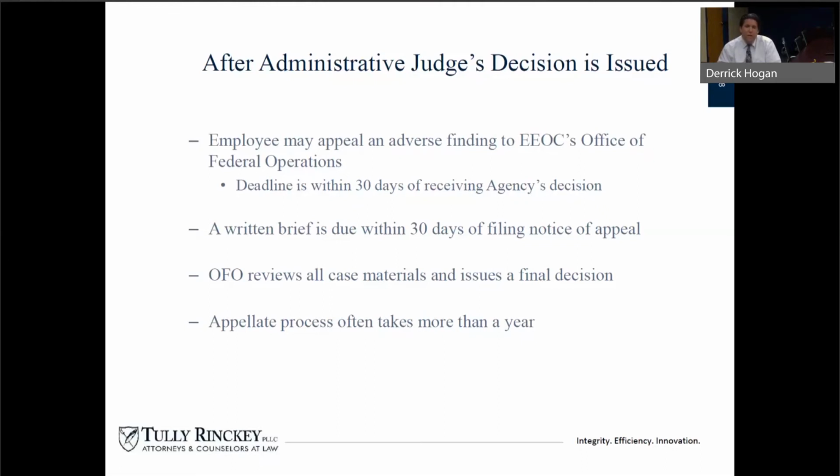And just kind of a ministerial matter, I know with OFO appeals, it does take some time for you to get a decision. I would say, just for example, and each case is different, but I filed an OFO appeal last summer, I want to say around July, and I'm still waiting for a decision on that case. So it does take some time, but you will get some finality with it one way or the other.